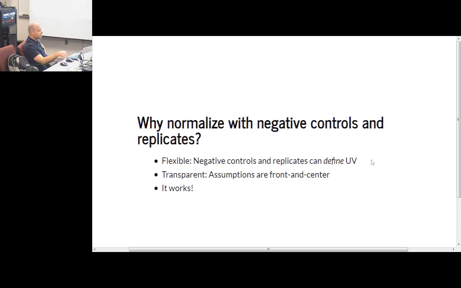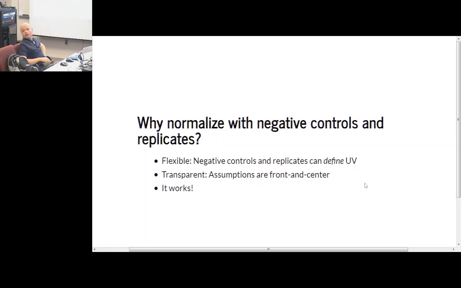There's technical replicates, there's biological replicates. When we choose what we mean by a replicate, we are implicitly also defining what variation is wanted and what variation is unwanted. I'll make this a little bit more explicit when I give some examples in a little bit. But in any case, by choosing negative controls and choosing our replicates, we're not only identifying the unwanted variation, but we're also defining it at the same time. So that is helpful to us.